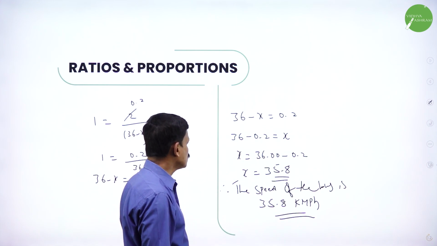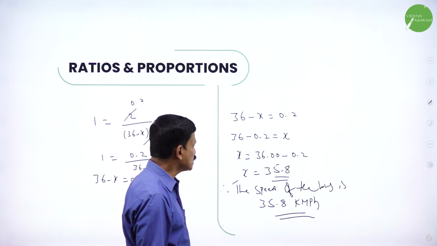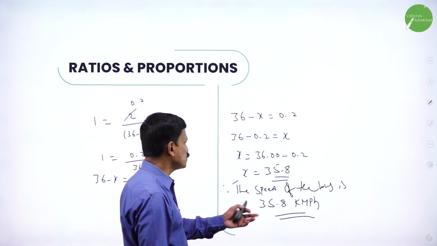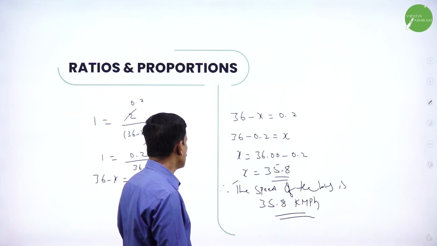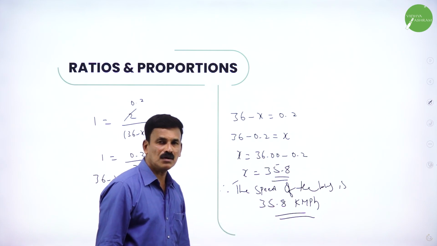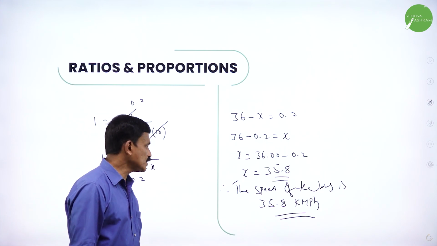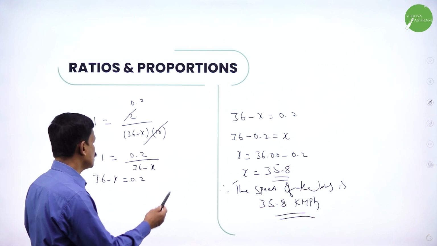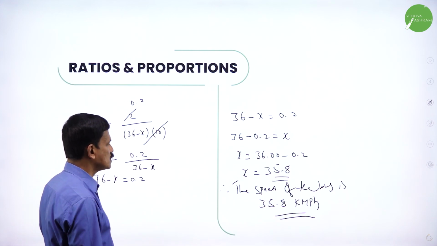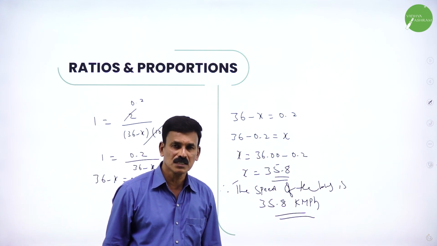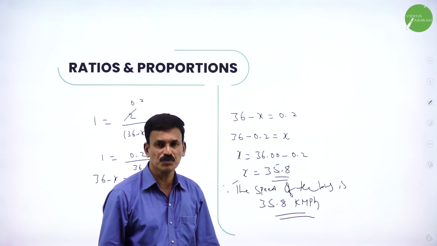Therefore x is equal to 35.8 kilometers per hour. So the speed of the bus is 35.8 kilometers per hour, which is the required answer. That's it, very simple. Just find out the relative speed and substitute, you will get the answer as 35.8 kilometers per hour. Hope you followed.